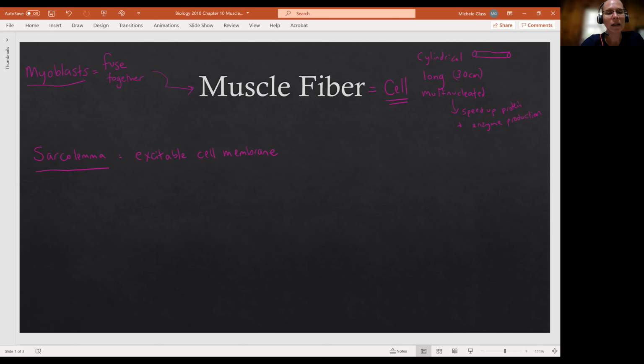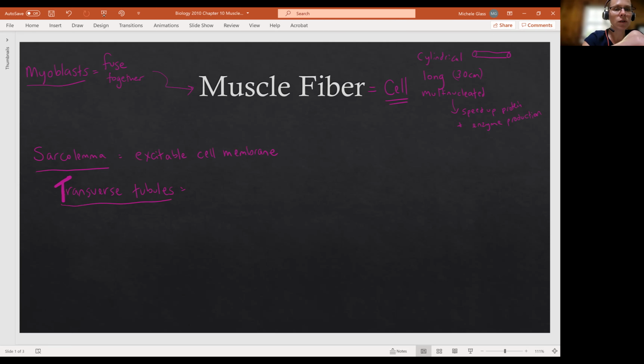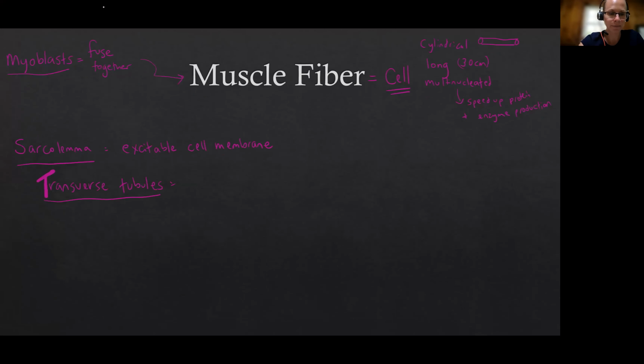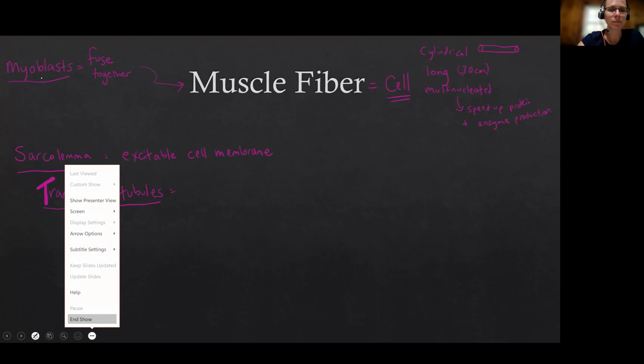We'll see that the sarcolemma has this special feature where it forms what we call transverse tubules. The term tubule just kind of tells us, oh, these are going to be little tubes. And a lot of times what we'll see is this is abbreviated as just a t-tubule. So if the transverse word is a little too much, then you can just say t-tubule.